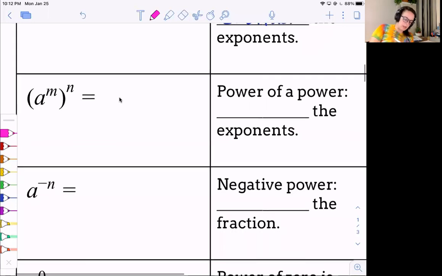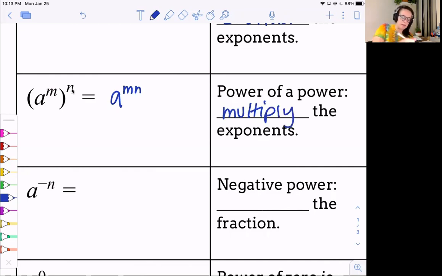The next rule is called power of a power, right? And when we have power of a power, we have a power to the power of another exponent. So this is a to the power of m to the power of n. So this would be multiplication, a to the power of m times n. We multiply the exponents.